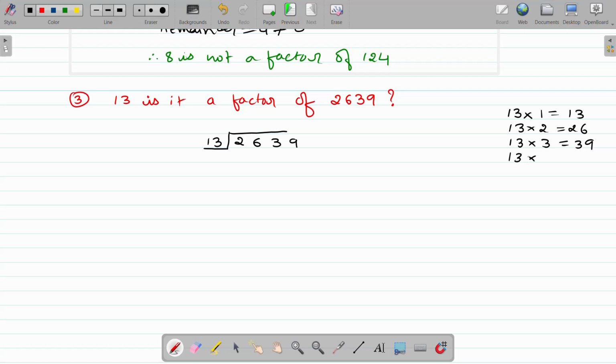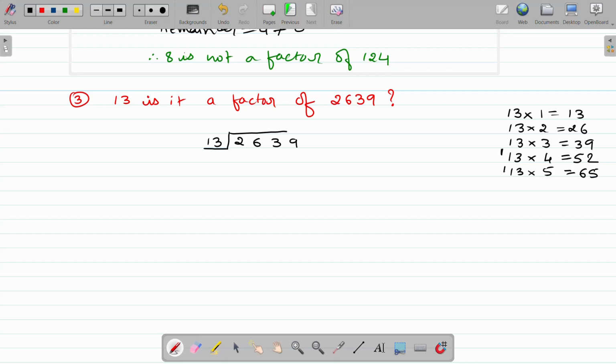Next 13 into 4. 3 into 4 we have to do first, that is 3 fours are 12. 2 I will write, 1 we got as a carry. Next, 4 multiplied with the tens digit 1, that is 4 into 1 is 4, plus 1 carry, it will become 5, so 52. Next is 13 into 5, that is 5 into 3, 15. 1 carry, 5 into 1 is 5, 5 plus 1 is 6.